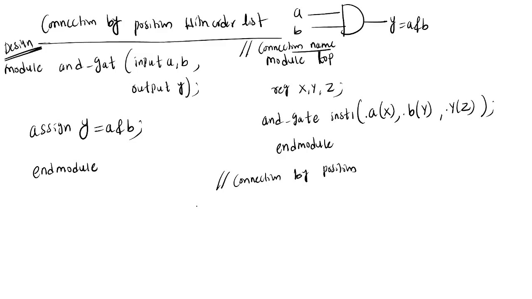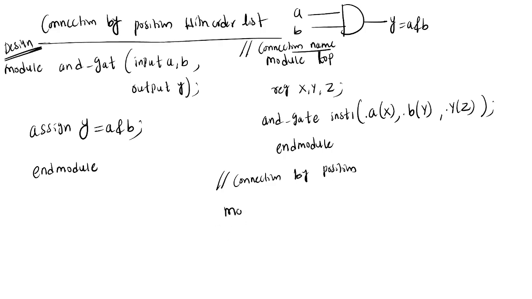Here, the order in which you declared the inputs and outputs is the order you need to follow. First A and B will come, and then Y. Similarly, here is connection by position with order list.